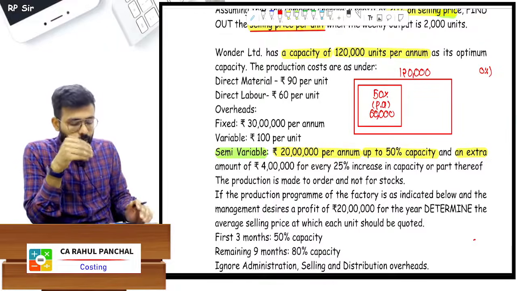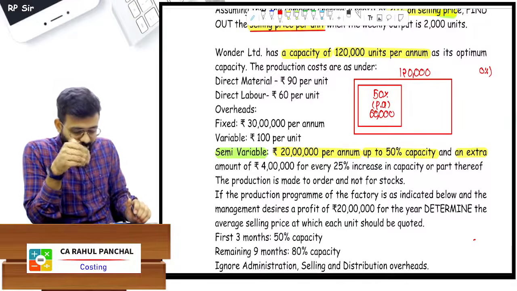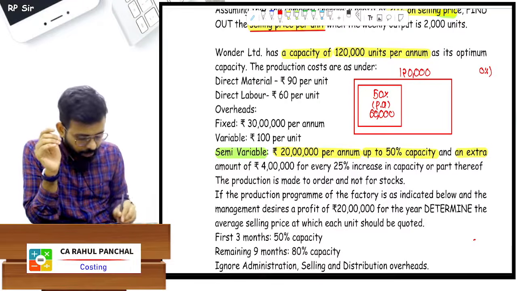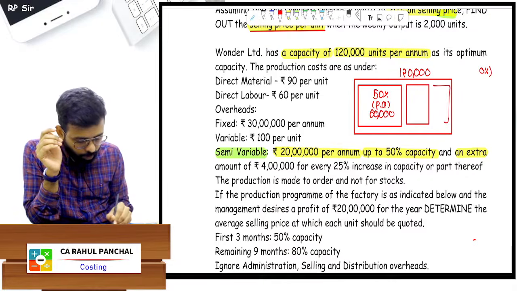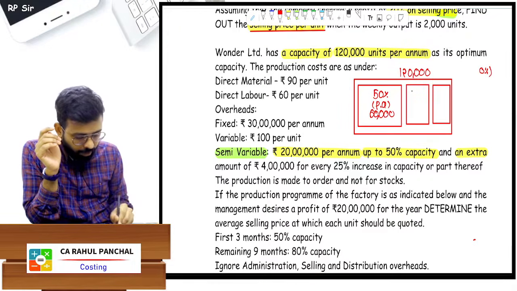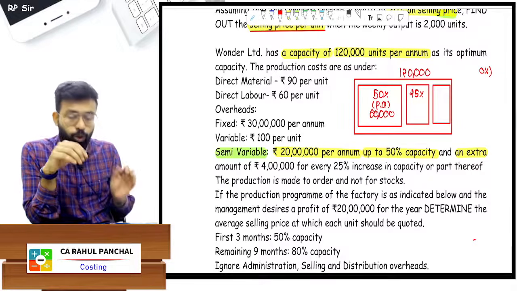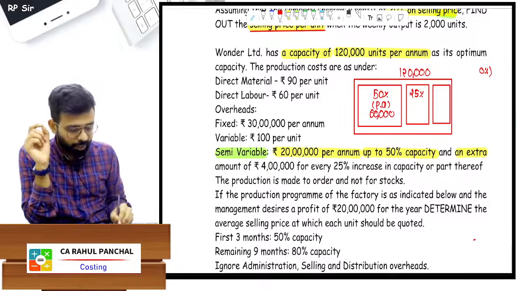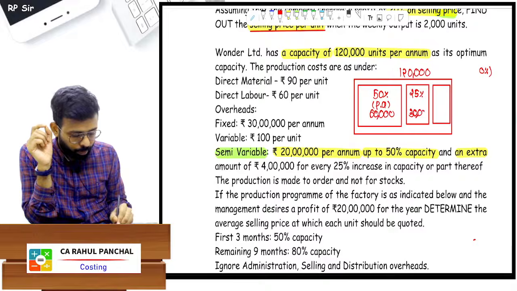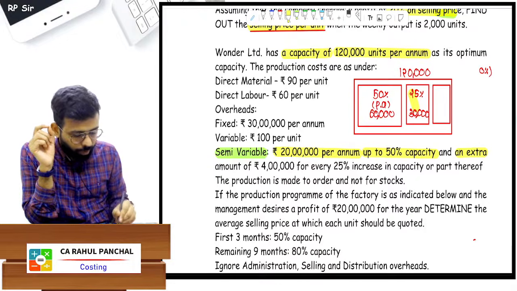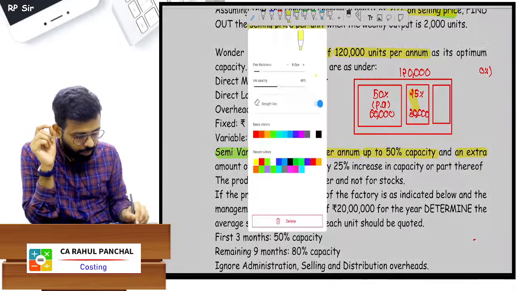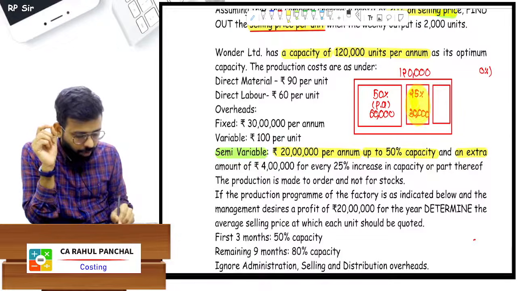Now suppose I want to work at greater than 50% capacity, I will have to install one more small machinery, and every such machinery can produce 25% of the capacity, let us say 30,000 units. So you will have to buy one machinery, or take one machinery on rent.